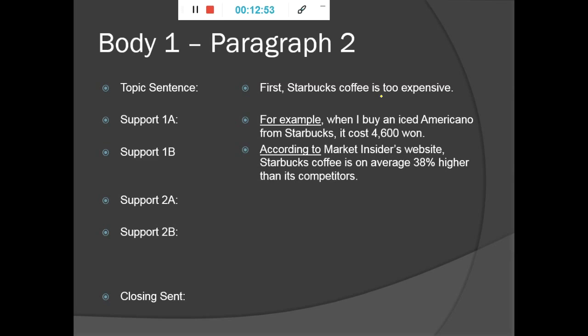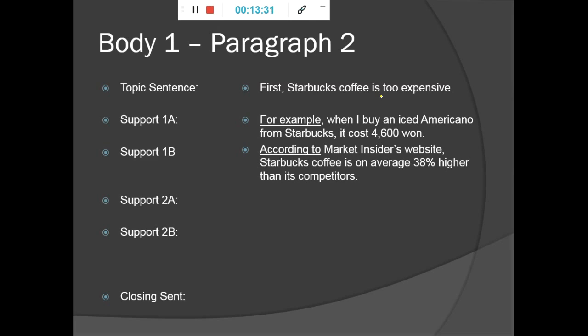However, I also want to do a little bit of research in this essay. So I've included some research from several websites. So in my second support, according to Market Insider's website, Starbucks coffee is on average 38% higher than its competitors. So I've done some research. I went online and I found a reputable website that tells us that Starbucks is 38% higher than its competitors.